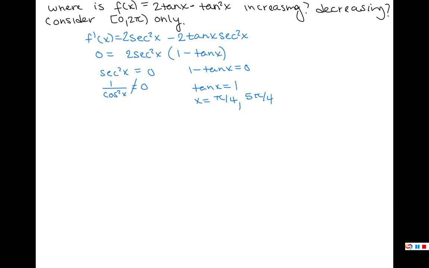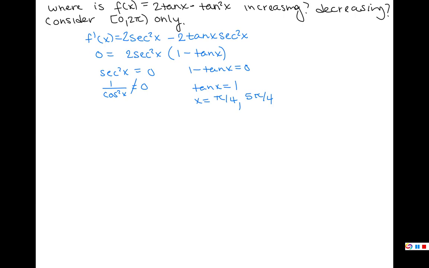So that's how I got the pi over 4. But tangent is also positive in quadrant 3. And so that would be the 5 pi over 4. So my derivative is 0 at pi over 4 and 5 pi over 4. Those are critical numbers that will have to go on my table.